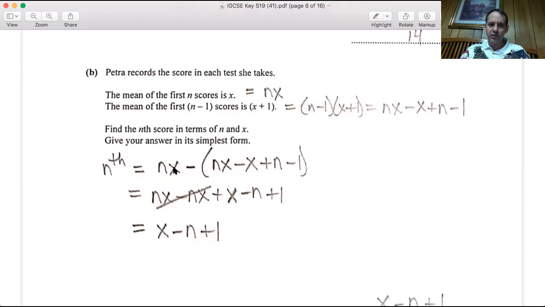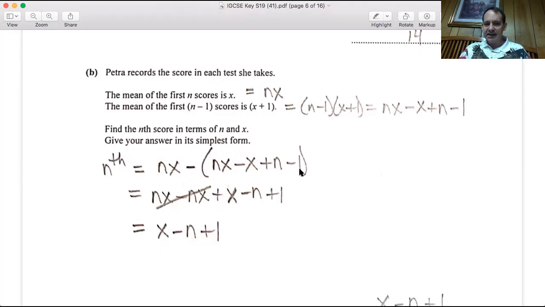So here's the total of all the test scores minus the total of all the ones just one test value below or before the last one. Don't forget to put that in parentheses. A lot of students don't quite use parentheses efficiently, so we have to subtract this entire thing.